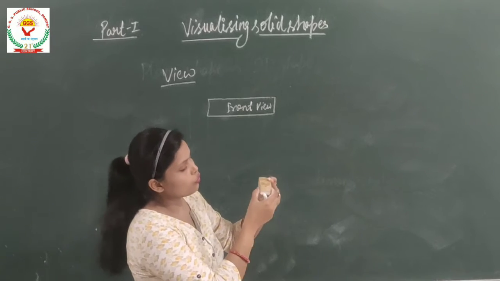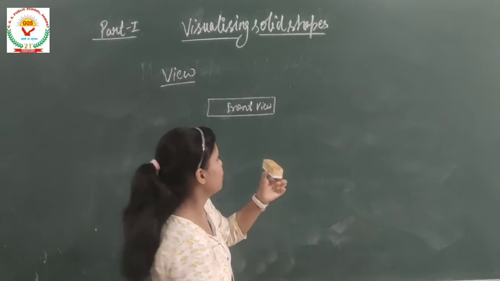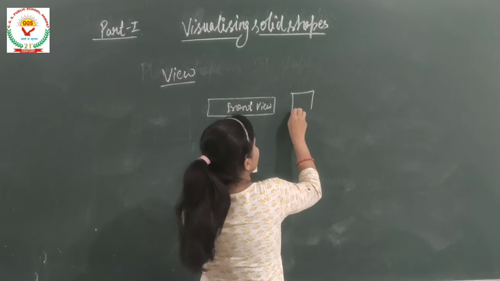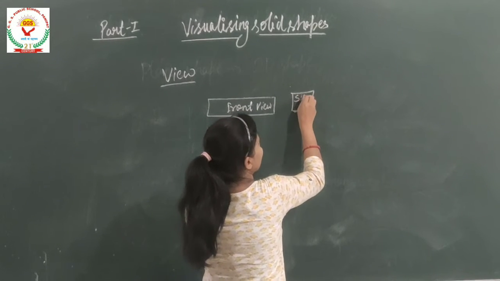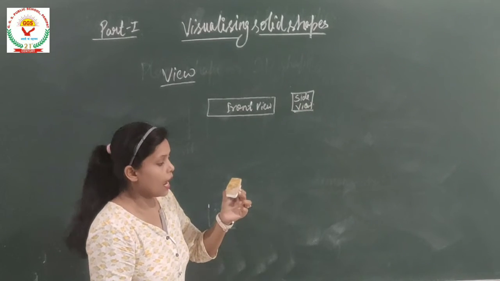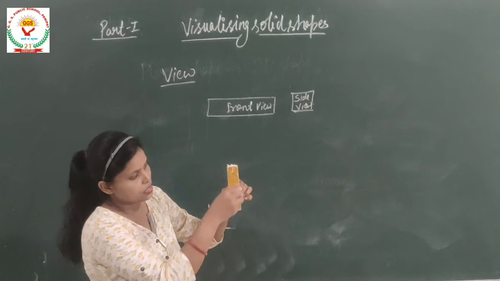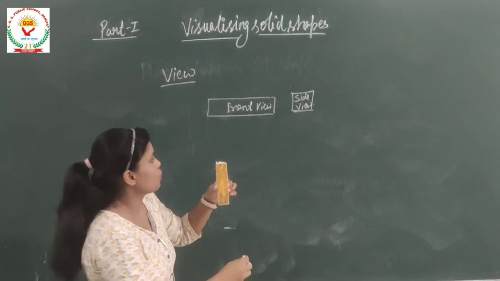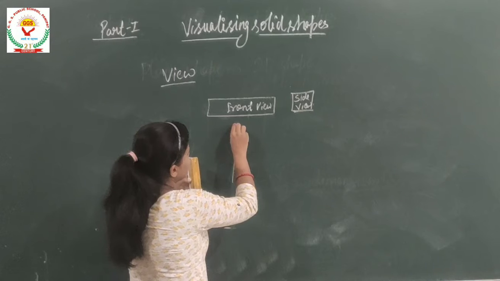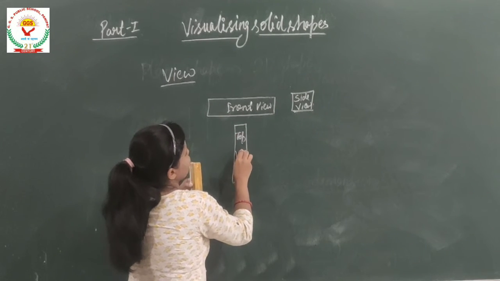If I show you from this side of the duster, this will show you the side view, right? And if I show you the top, this is the top, so the top will be like this. This is the top view.